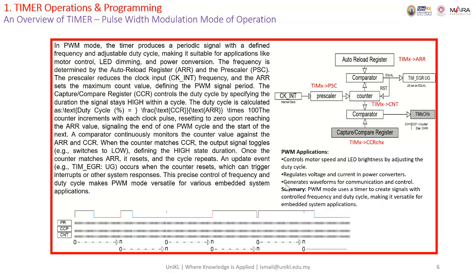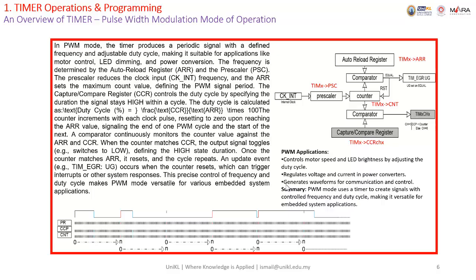But in the pulse width modulation mode, we added another comparator. So we have two comparators that compare the counter and also the capture compare register, sometimes called the CCR register. In PIC, sorry, it is called CCP, the capture, compare, and PWM register.